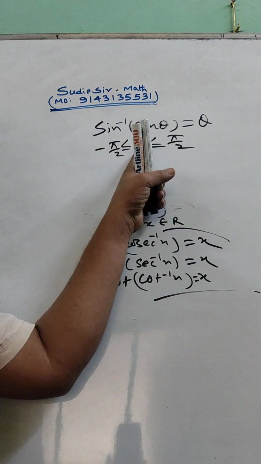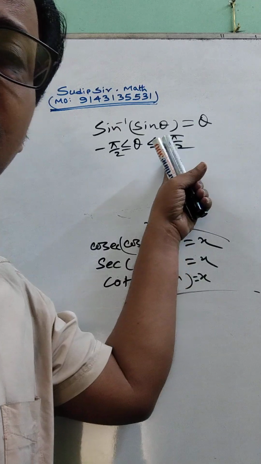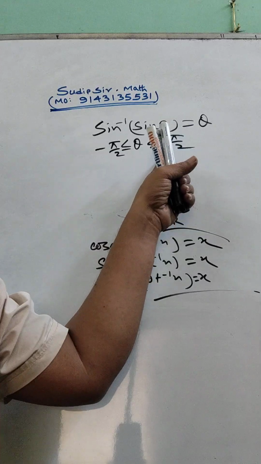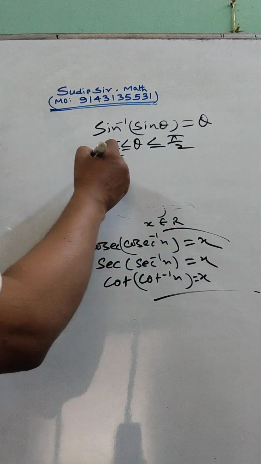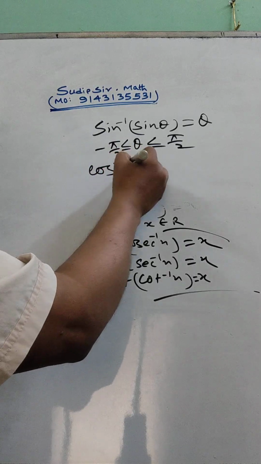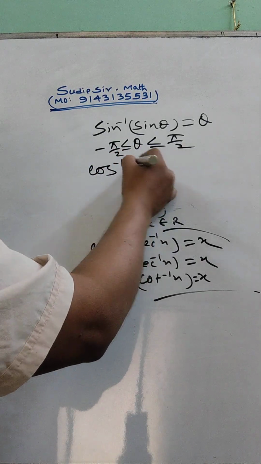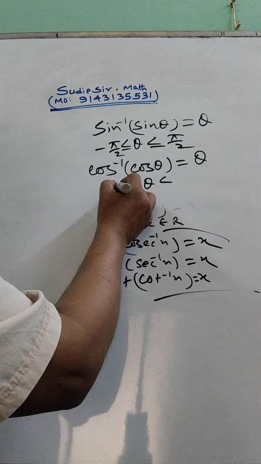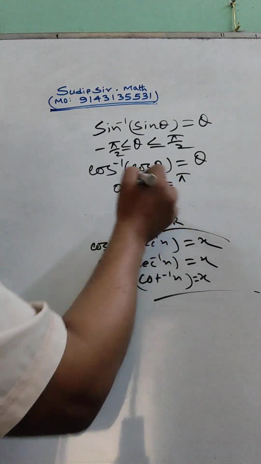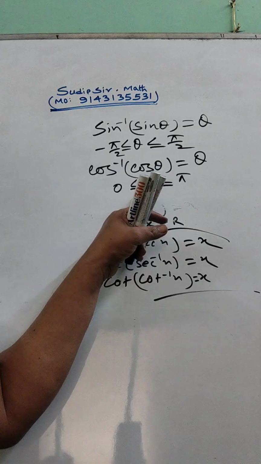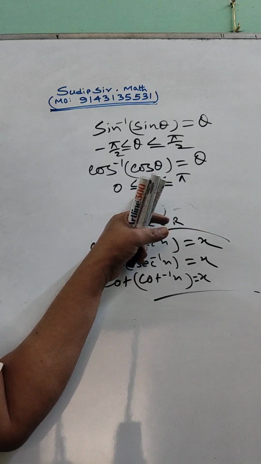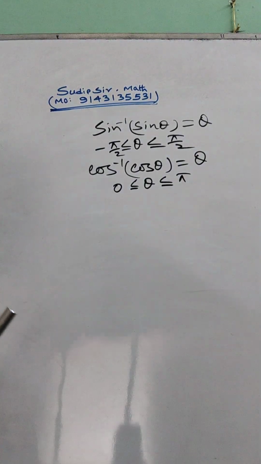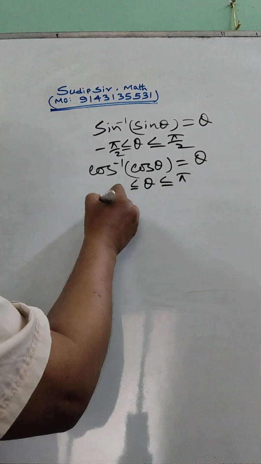So theta, whatever range is given, minus pi by 2 to pi by 2. Similarly, cos inverse cos theta equal to theta only when theta lies between 0 and pi, whatever range is given. Remember it? Okay. Same for all. It will be applicable for all.